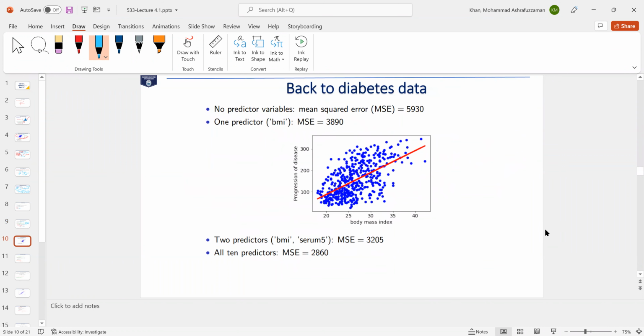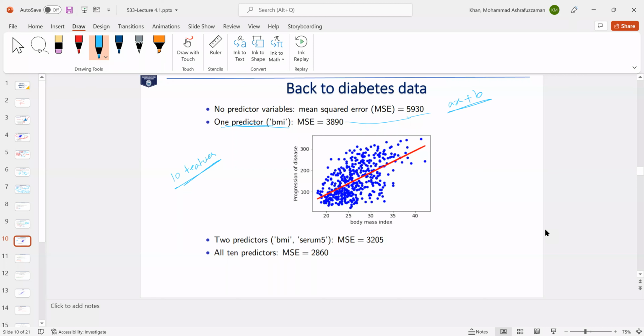Now for the diabetes data set, we have 10 different features. If we use just one feature, we'll have a model like this: ax plus b.